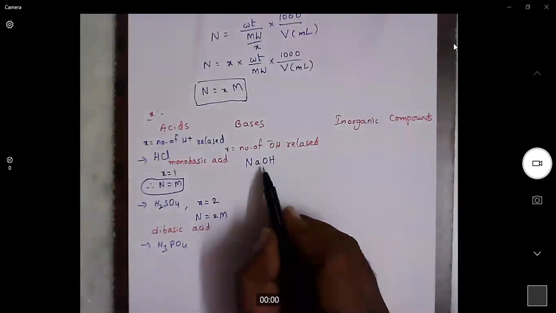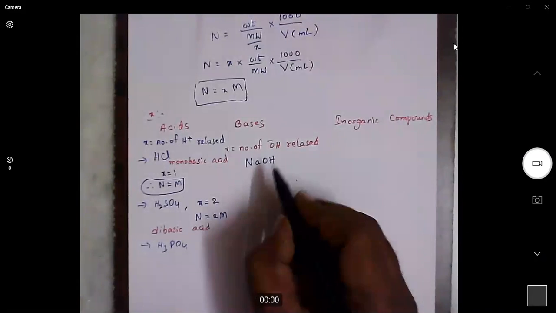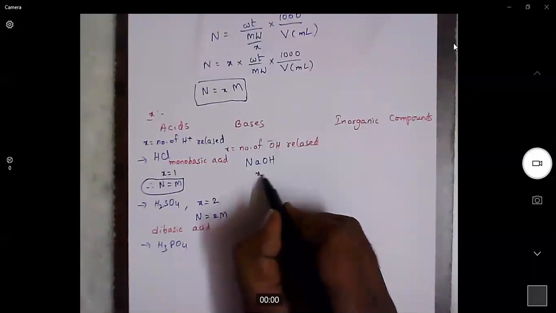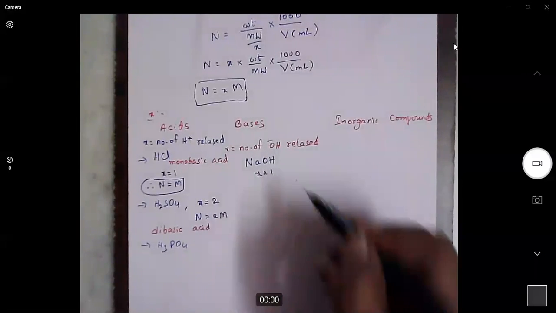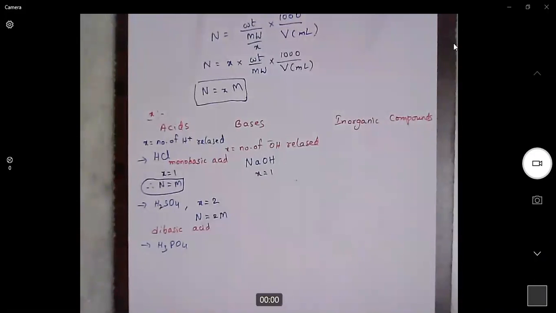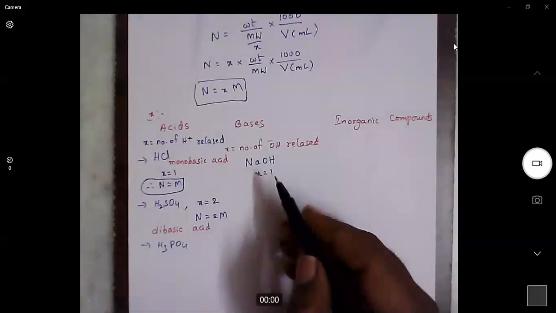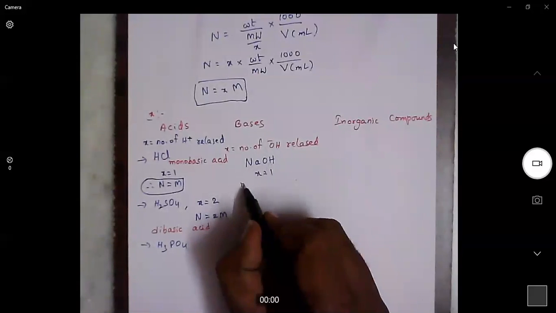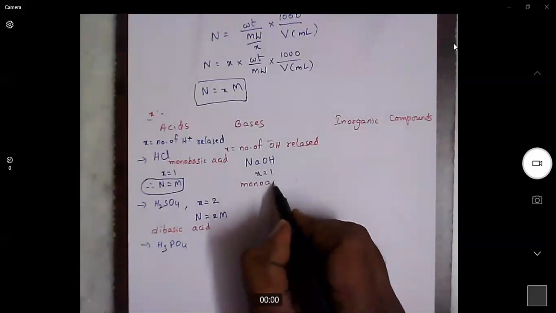When we dissolve it in water, it releases one OH minus ion. So in the case of NaOH, X is 1. Since it releases only one OH minus, it is called a monoacidic base.